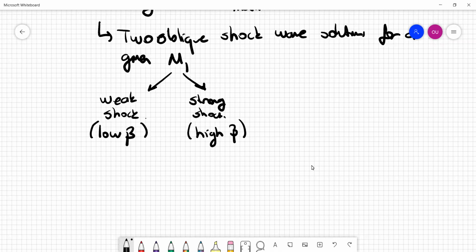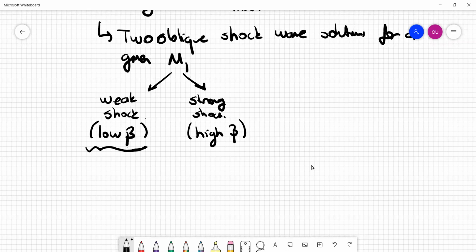In normal applications, wind tunnel tests and calculations, most of the time we observe in nature that a weak shock solution actually exists physically. If you mathematically solve it and end up with two beta values, we generally observe the weak shock solution in our flow domains.